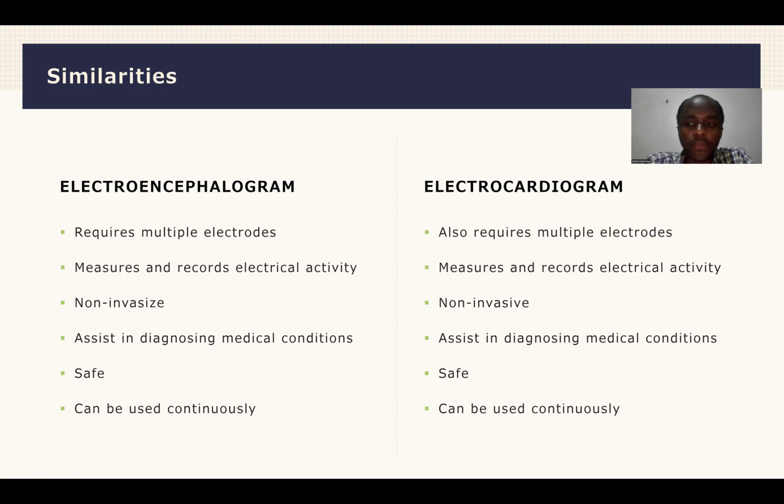Then they're also non-invasive, meaning that both EEG and ECG are non-invasive procedures that do not require surgery or penetration of the skin. They also assist in diagnosing medical conditions; they're used to diagnose neurological disorders like epilepsy, sleep disorders, and brain injuries.